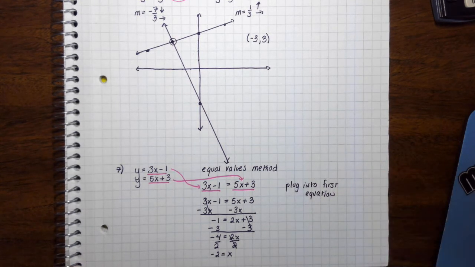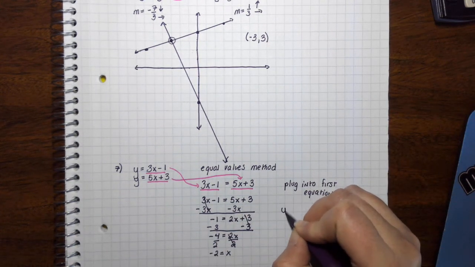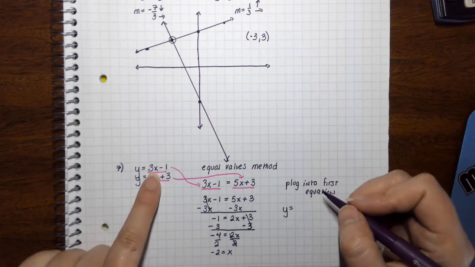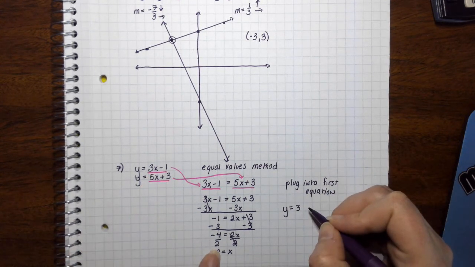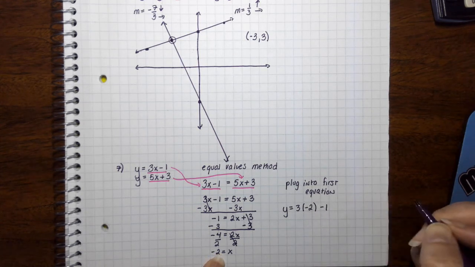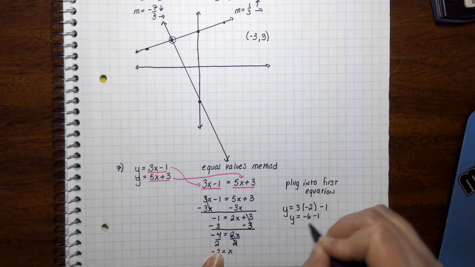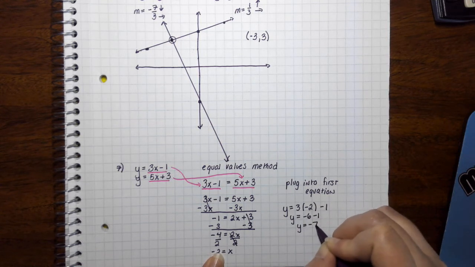But because x and y need to work for both, it doesn't matter which one you plug it into. You'll get the same answer either way. So y equals 3 times -2 minus 1. y equals -6 minus 1. y equals -7.